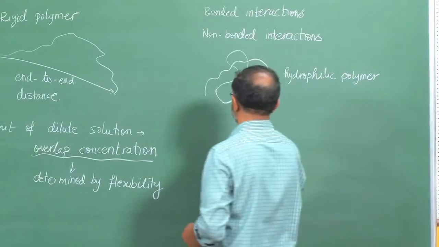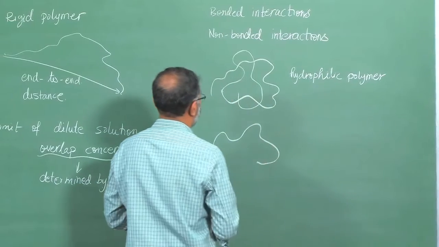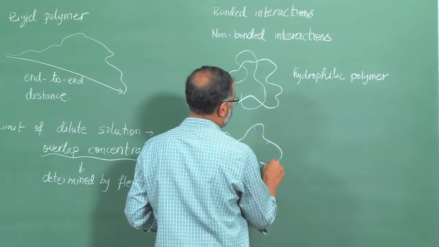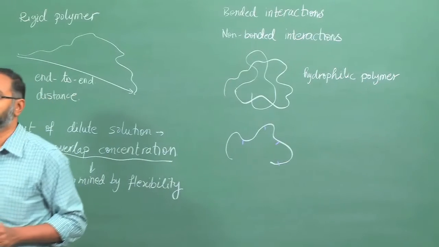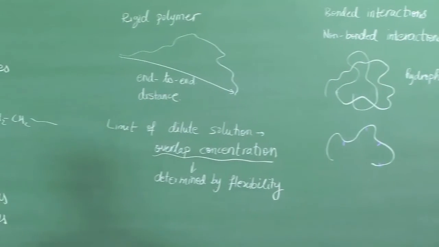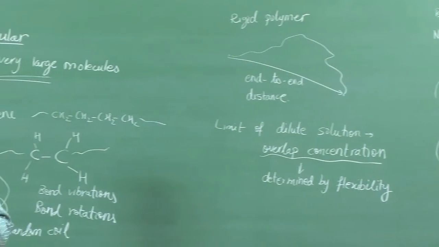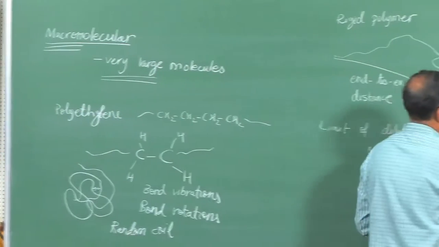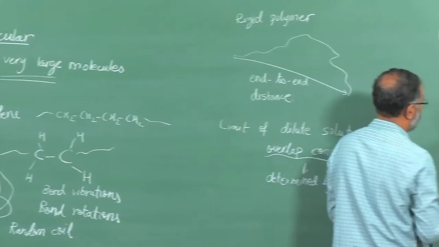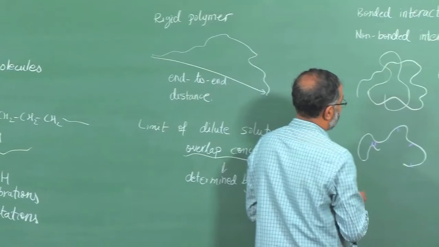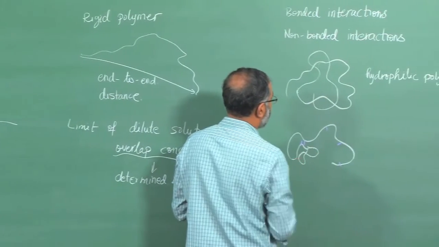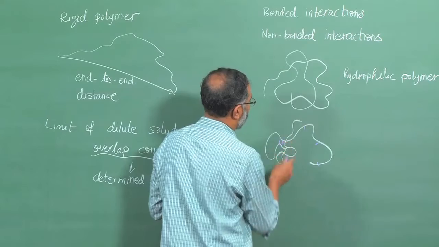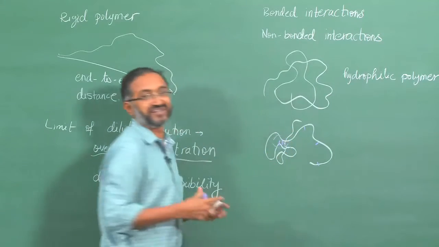Now, the same hydrophilic polymer I take and I start adding, let us say, a few hydrophobic branches on it. Now, what will happen is these hydrophobic branches will have a tendency to come together, and so in that case you might get a far tighter molecule, because all these different sections want to come together and form such hydrophobic regions.